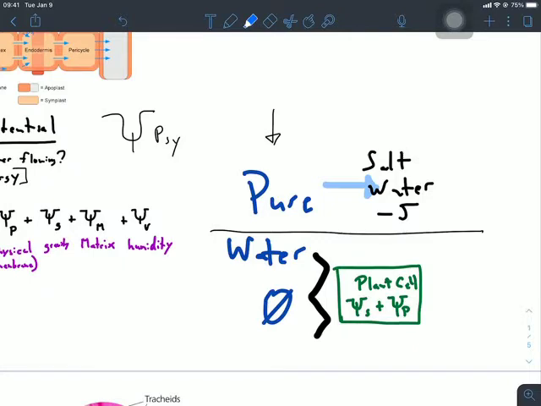Now in our second example, we have pure water and a plant cell. The plant cell both has a solute pressure. Now, it might not have salt, but it has some sugars, it has some proteins, it has other things that are dissolved in the cell.